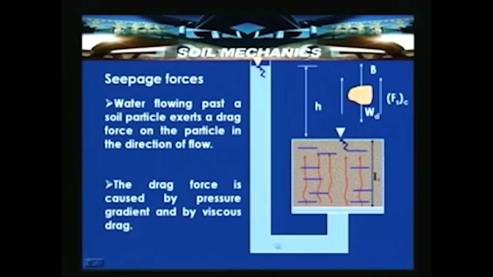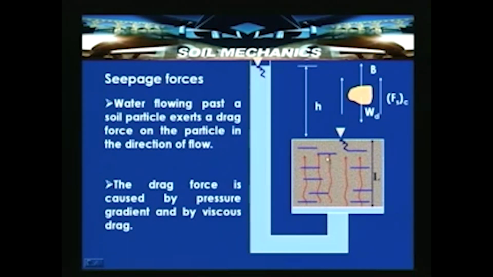It is connected to a stem and placed at a height h above this level. The hydraulic gradient in this case is h by L, and the flow takes place in the upward direction.